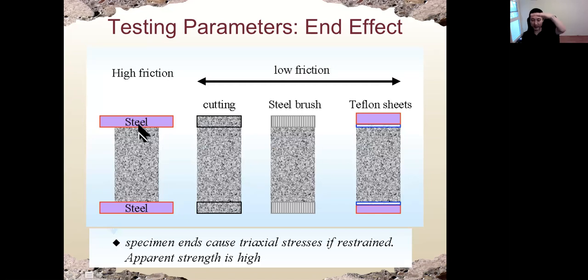So when we compress the cylinder, the steel plate will restrain the expansion of the cylinder in the horizontal direction. Remember, we have Poisson's ratio. When we compress the cylinder vertically, horizontally it will try to expand about 20% because the Poisson's ratio is 0.2.